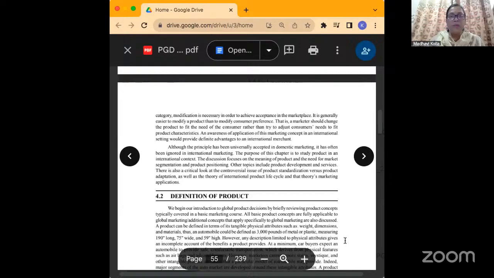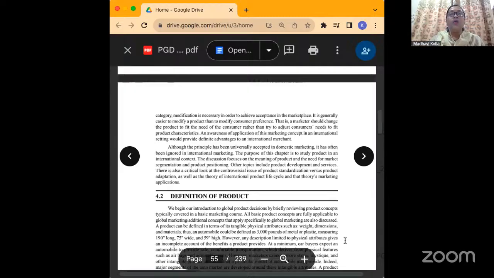By that, we mean there is a certain modification required. There is a certain change required, maybe an entirely different product or a different product line, maybe more complementary items or accessories that need to be attached to that particular product.